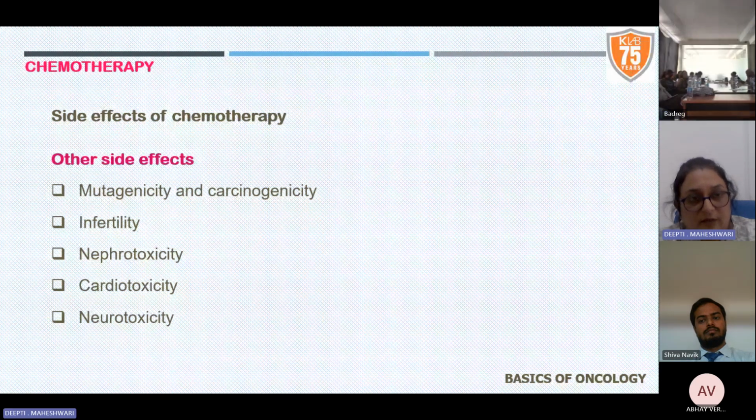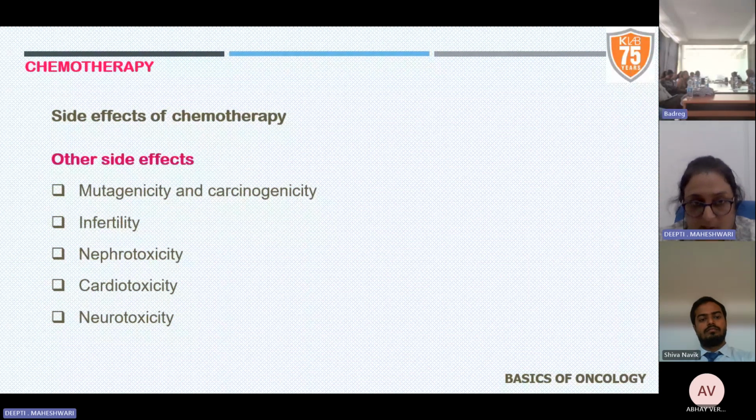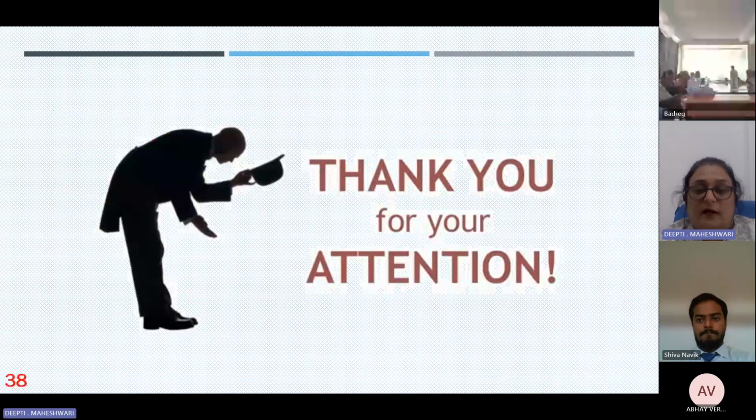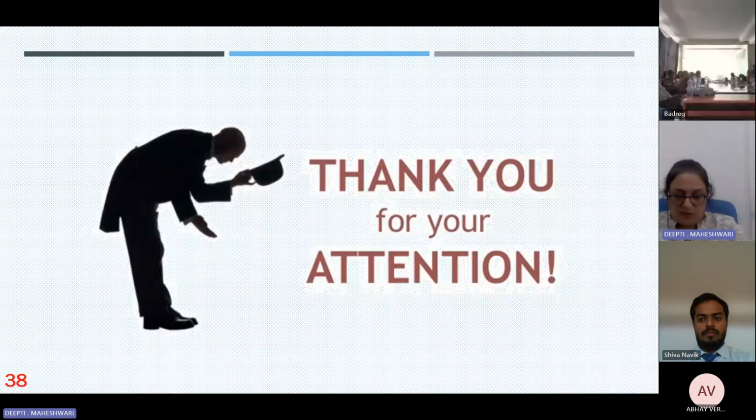So these are all the side effects associated with chemotherapy, which can be temporary or permanent. These are the most commonly known side effects of chemotherapeutic agents.